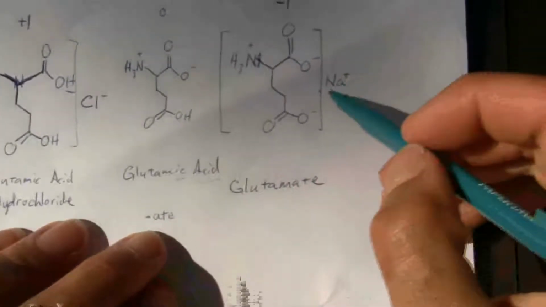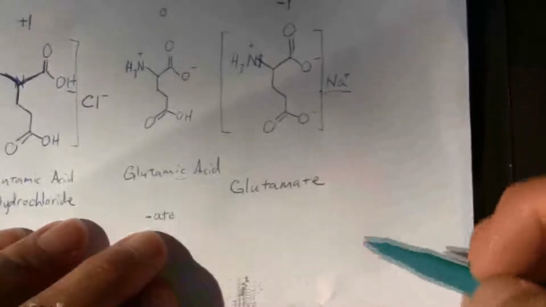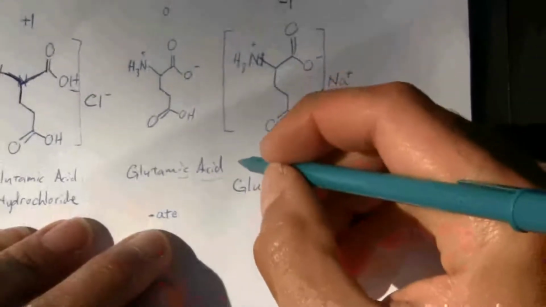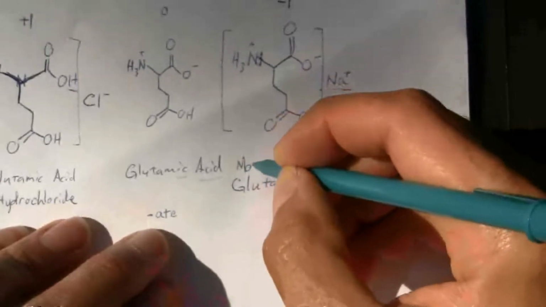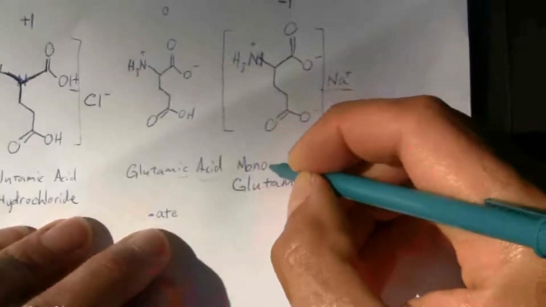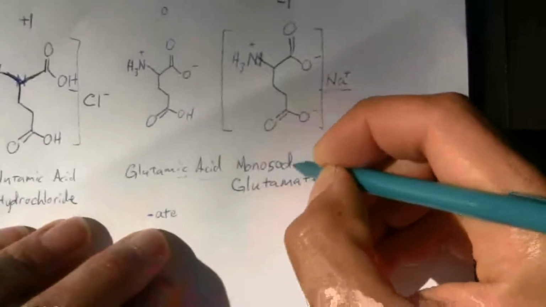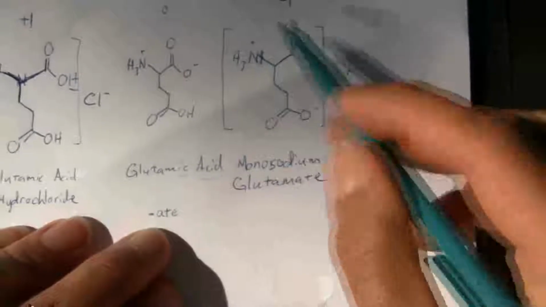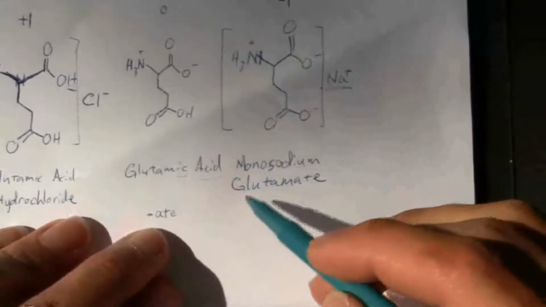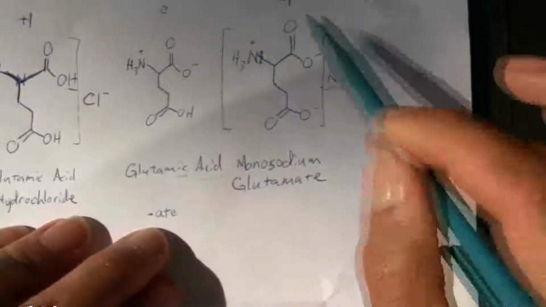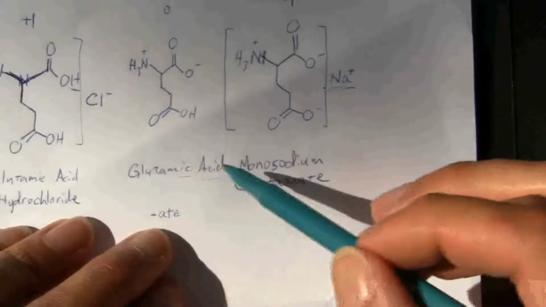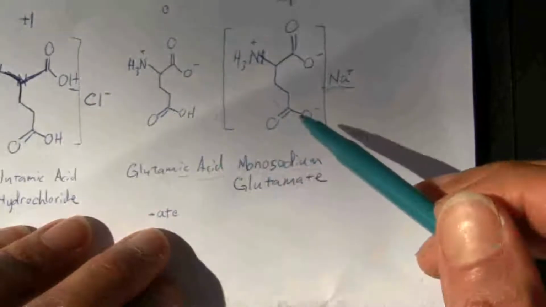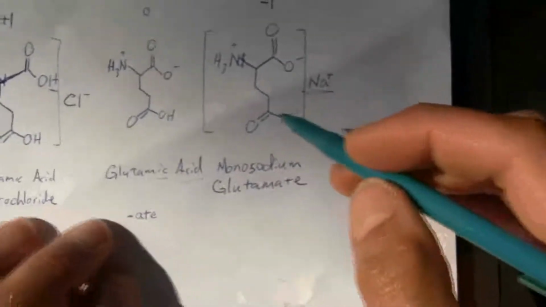And then the sodium ion is indicated by the monosodium, because there's one sodium ion and one glutamate. So monosodium glutamate is really the same thing as glutamic acid, just under different conditions. That's the only difference. We'll talk about that more in just a second.